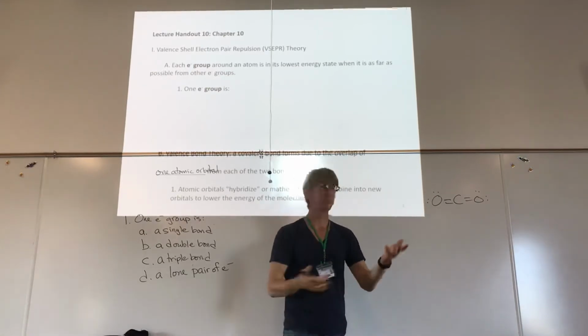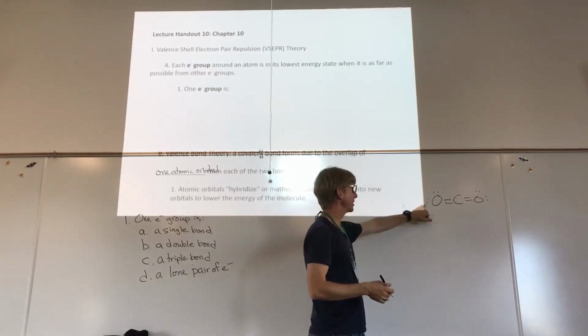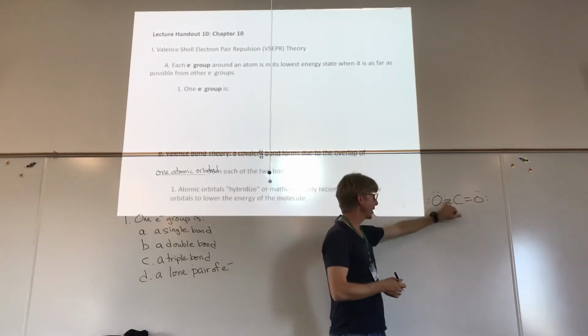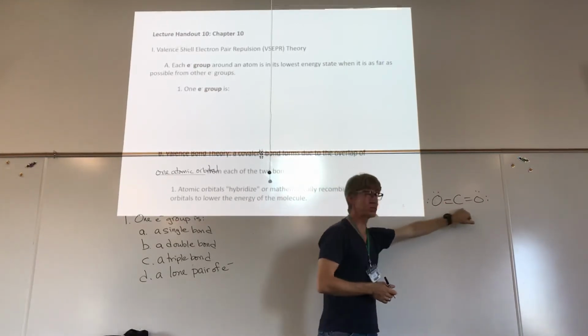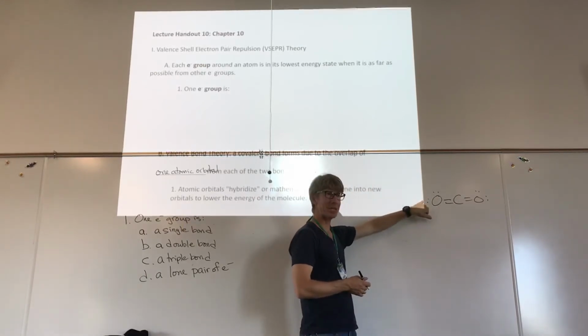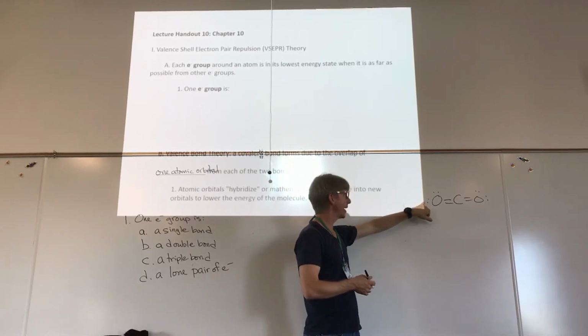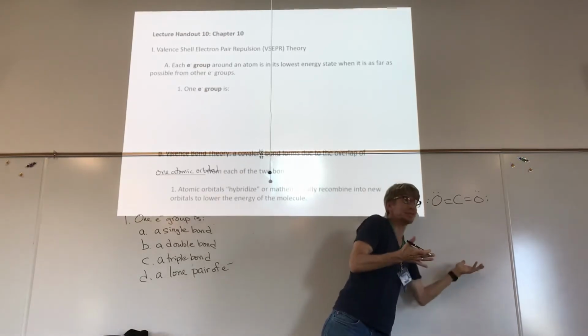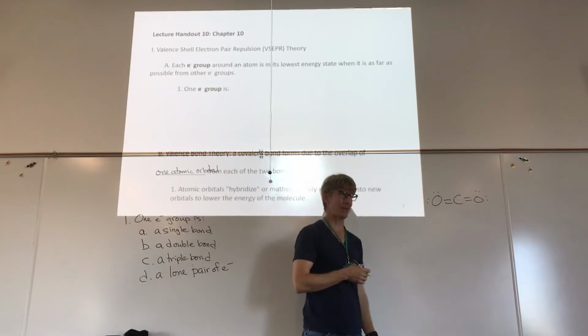Now we know that this oxygen has an octet. We know that 2 pairs of electrons are shared with the carbon, and 2 pairs of electrons are not shared. And that includes the geometry of the molecule. They're going to be related to the geometry exactly. And then the question is, where are they? What orbitals are they in? And we're going to be able to answer that question now. Getting ahead of myself.